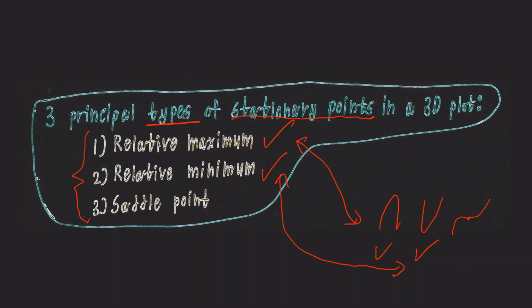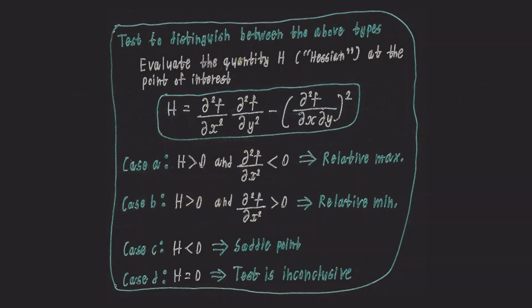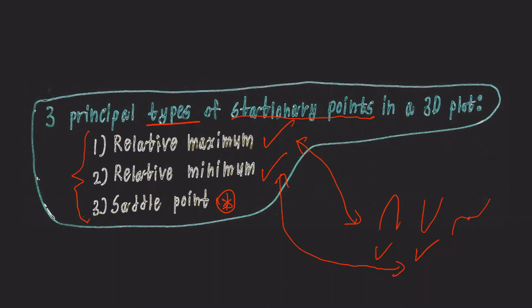But this other thing, the saddle point, is a little different. It's not really a 3-dimensional version of an inflection point. Actually, all stationary points of inflection in 3D plots are saddle points. However, it doesn't work the other way around: not all saddle points are stationary points of inflection.